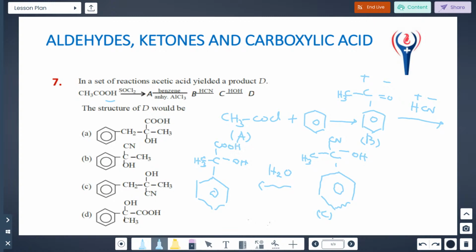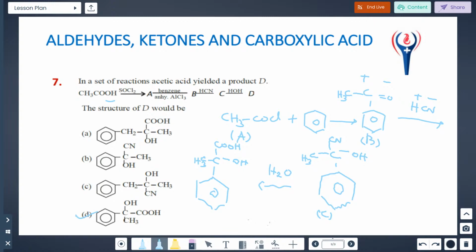Now see the compounds: benzene ring, CH3, OH, COOH group. Right, option D is the correct one. Are you following? Understood?